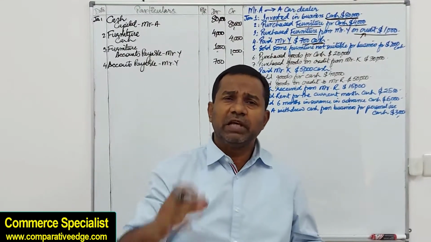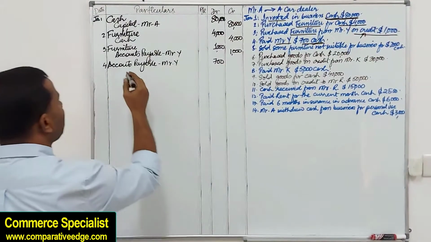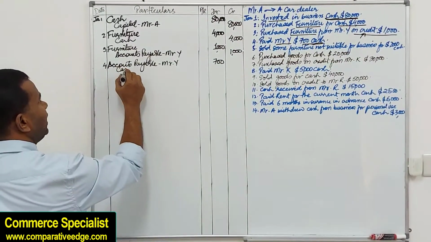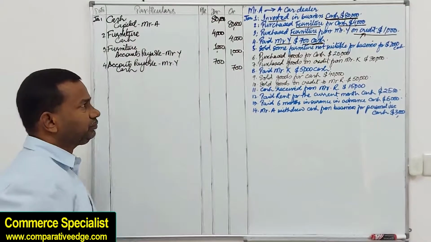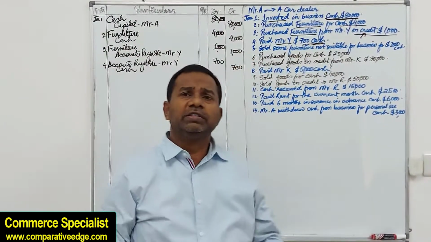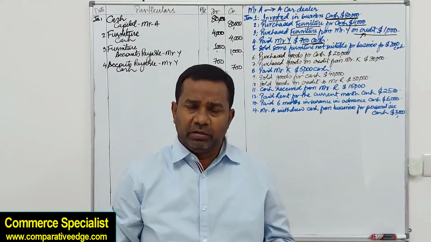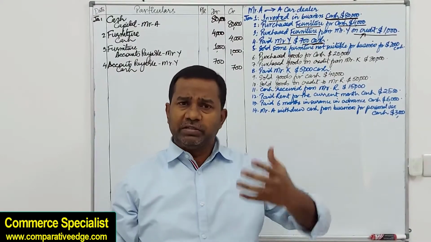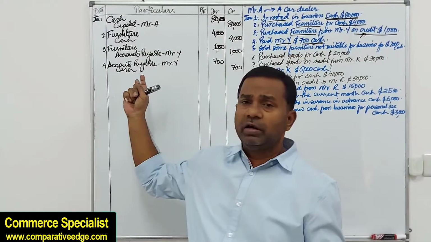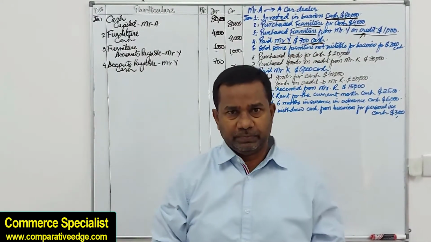When the asset decreases, as per the rules of debit and credit, we credit. So I am crediting the asset by its name, cash. Decrease in an asset. I paid 700. So entry number 4 was actually payment of a liability. When you pay a liability, your liability decreases as well as your asset. So decrease in liability is a debit as recorded already here, and decrease in asset is a credit.